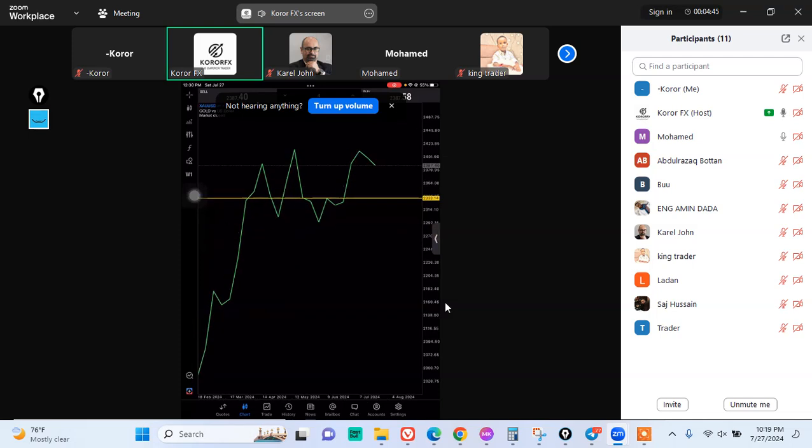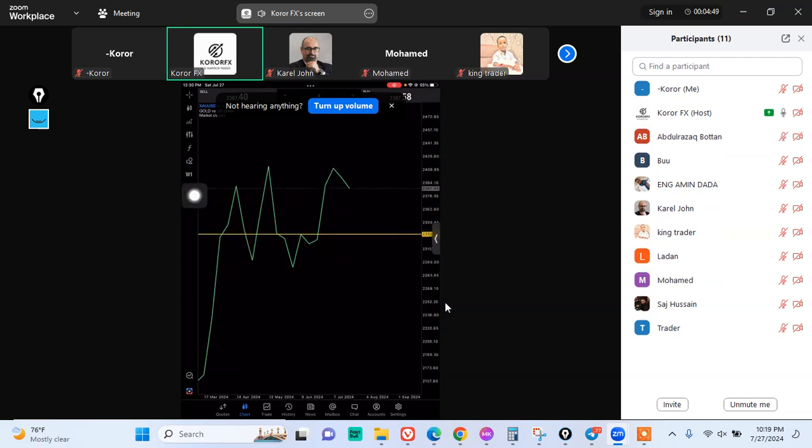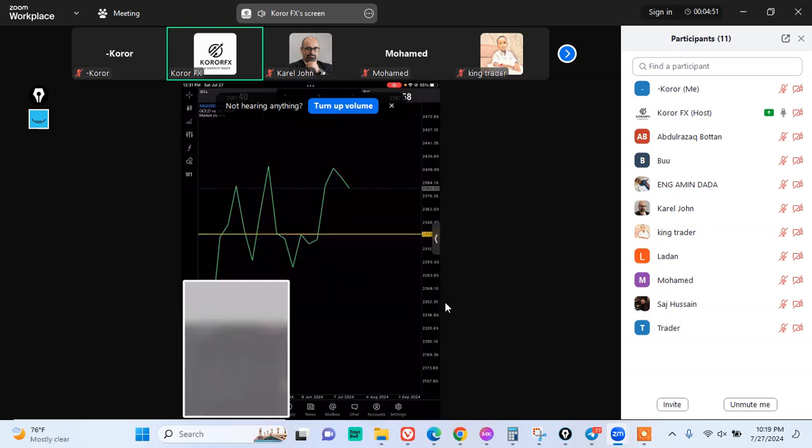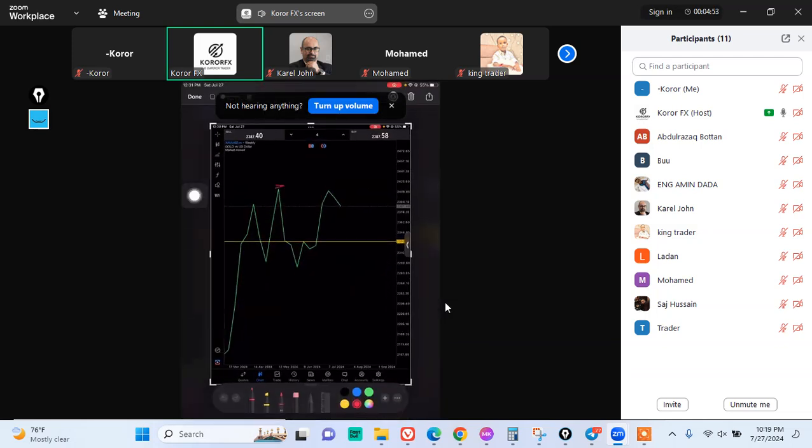On the weekly time frame, we have that resistance, which is classical, and we have this support. Even this yellow line is a monthly broken SNR, where broken resistance becomes support.